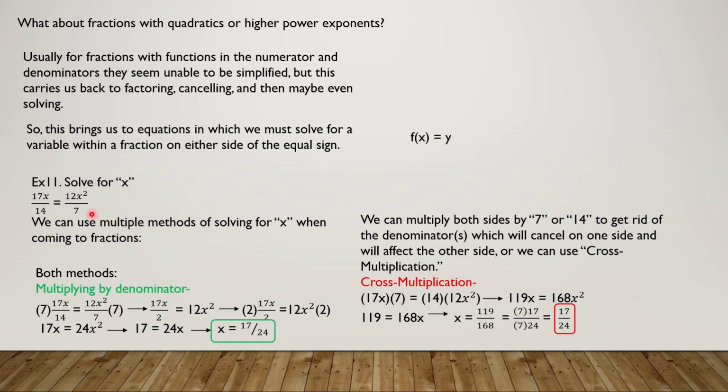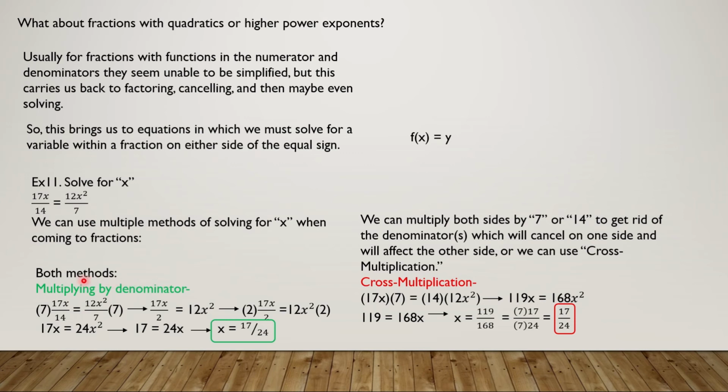In this case, you would take the 17x and multiply it by the 7, and then you would do the exact opposite: take the 14 and multiply it by the 12x squared. So let me show you in a step-by-step process.